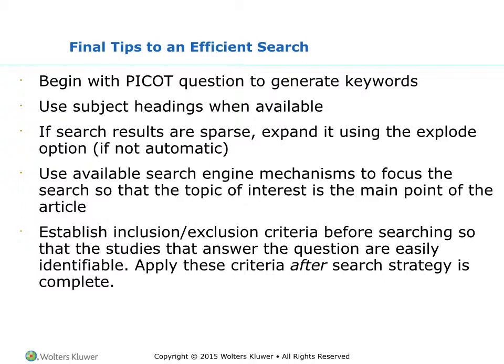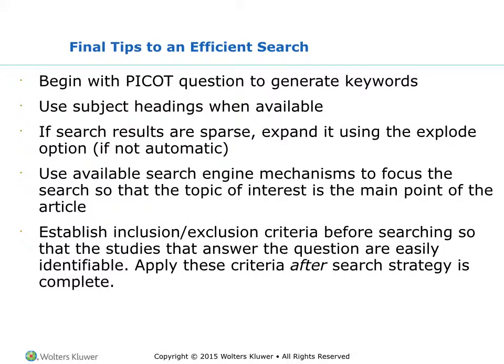Use the search tools that the databases have available. I showed you the advanced search button on CINAHL, and I recommend you use it because it can make your search easier from the beginning.